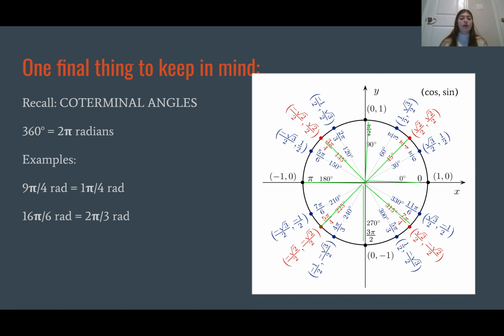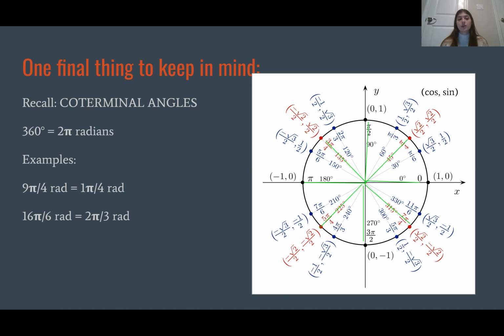We're just going to count out 9 pi over 4 radians to find the coterminal angle, all right? 1 pi over 4, 2 pi over 4, 3 pi over 4, 4 pi over 4, 5 pi over 4, 6 pi over 4, 7 pi over 4, 8 pi over 4, and wrap one more time around 9 pi over 4. And notice that we landed right here on the same terminal angle as just 1 pi over 4 radians, or 45 degrees. All right?